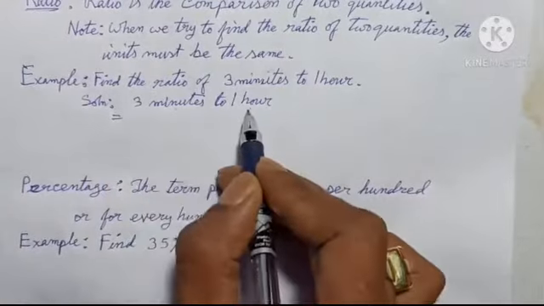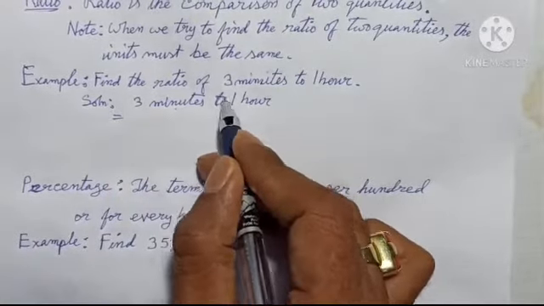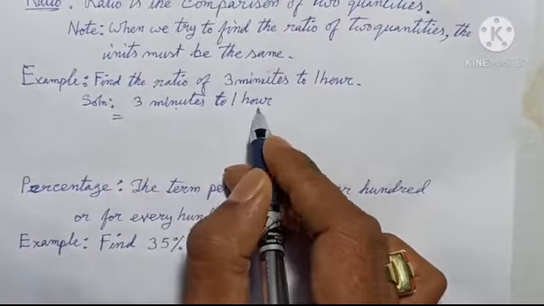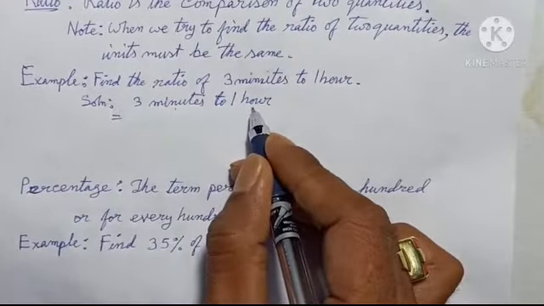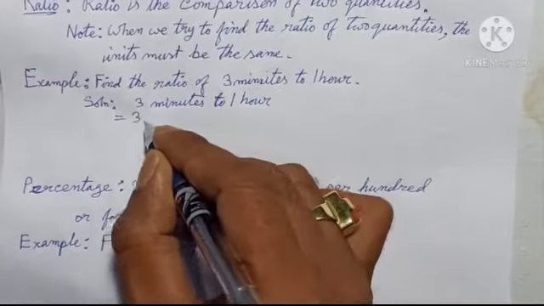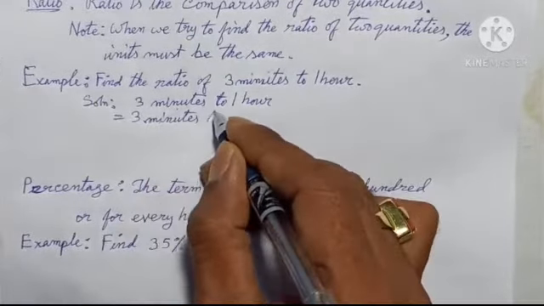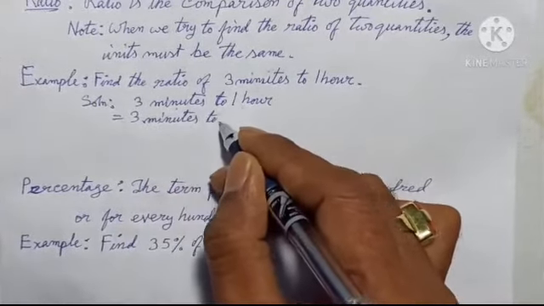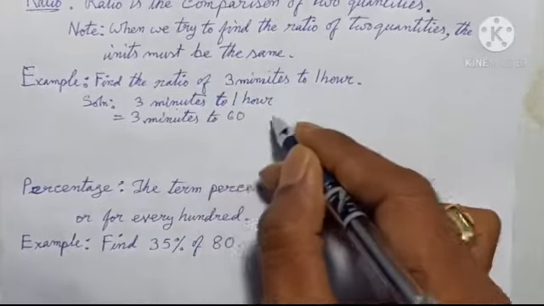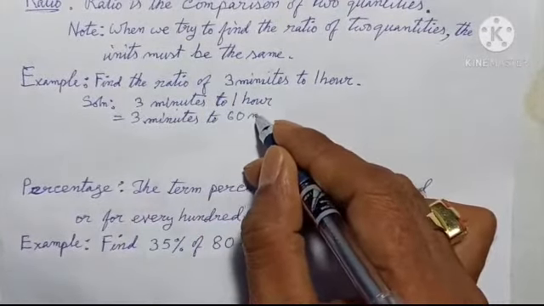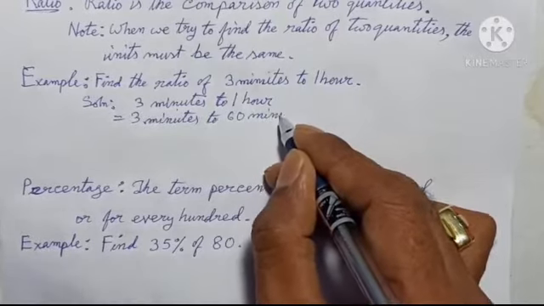Now this is minute, this is hour, the units are different, so we have to convert hour into minutes. So 3 minutes to, in 1 hour there are 60 minutes, so 1 hour is now 60 minutes.